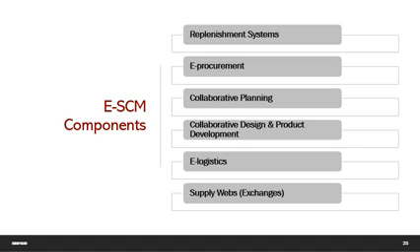To achieve these advantages, ESCM contains the following components: Replenishment Systems, E-Procurement, Collaborative Planning, Collaborative Design and Product Development, E-Logistics, and Supply Webs or Exchanges. These components will be discussed next.